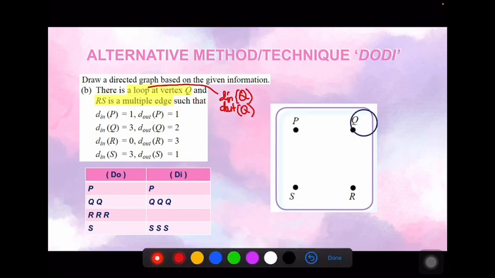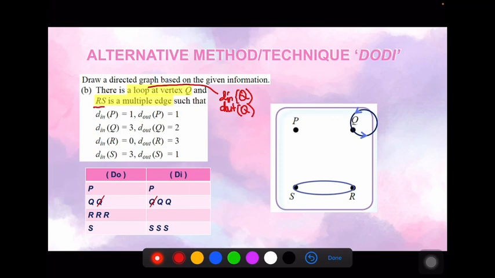So we will cancel letter Q, one from column D out and one from column D in. Alright? Okay, the next step, we are going to draw another edge, which is the multiple edge. Where is the multiple edge? We have it at RS. So draw the multiple edge at RS first without any arrow.